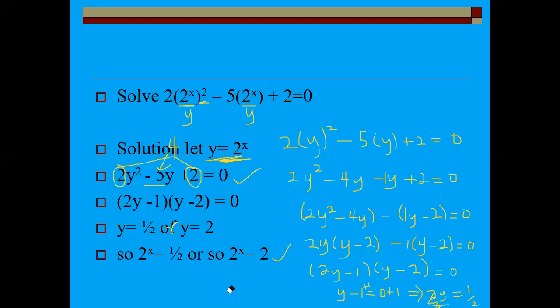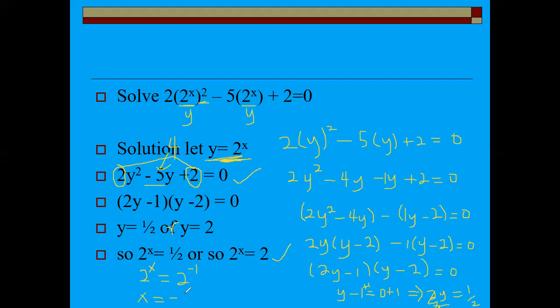So if we get to this point, 2 raised to the power x equals 1 over 2, which is the same as 2 raised to the power -1. So your x will be -1. So x equals -1.